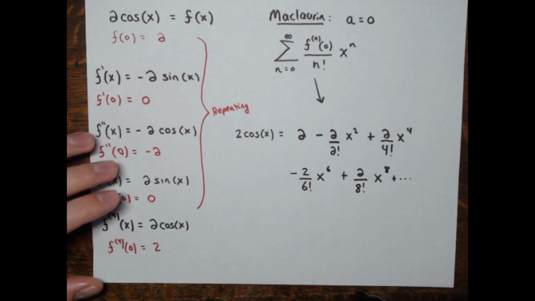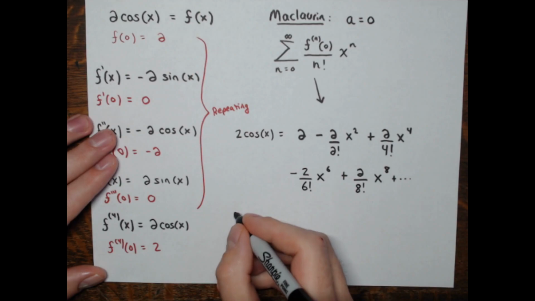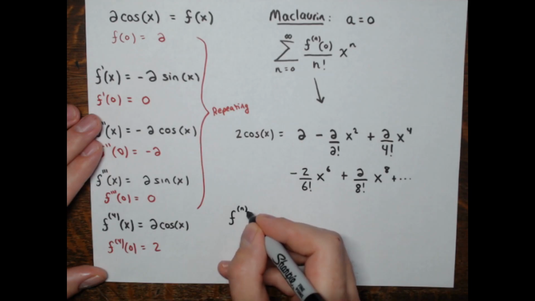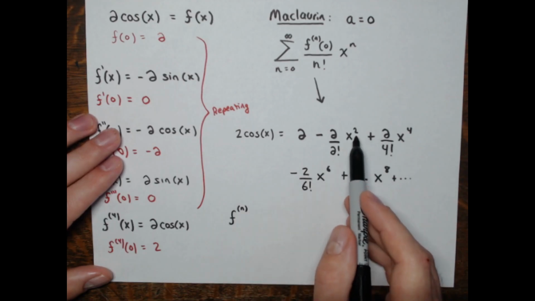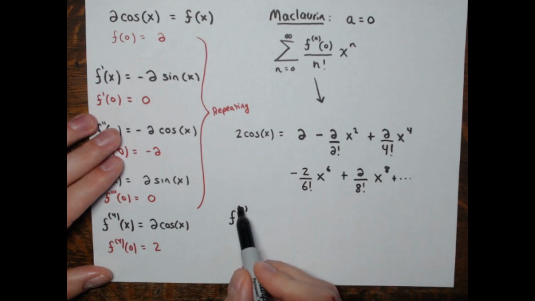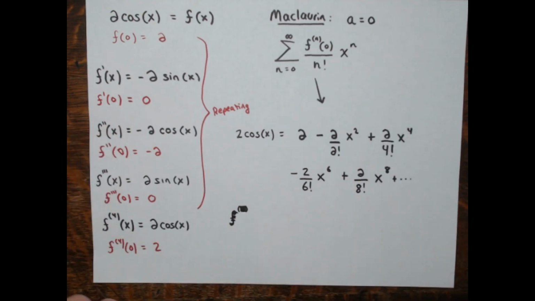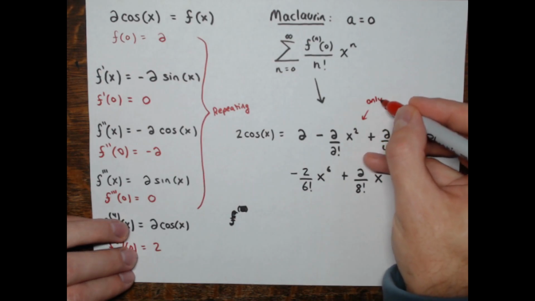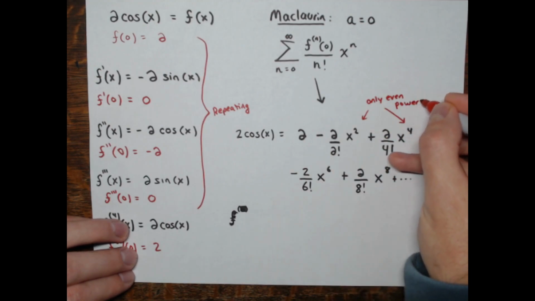All right. So in general here, the value of the derivative, because the only powers that are showing up are even, right? Only even powers are showing up in non-zero terms in this.